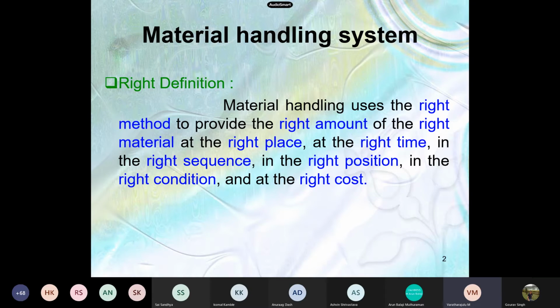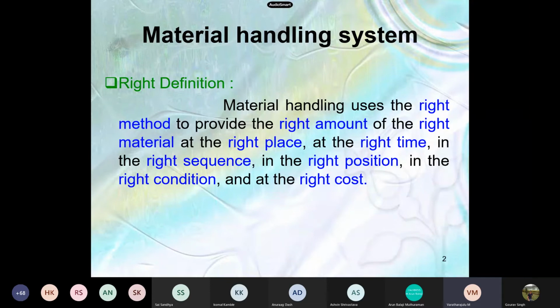It is disseminating 200, and therefore we need to be very conscious of the amount of material handled and the right material. You require mild steel and aluminum, but your material handling system disseminates brass and bronze; that won't be right. Therefore, the material handling system has to return the right material at the right place.